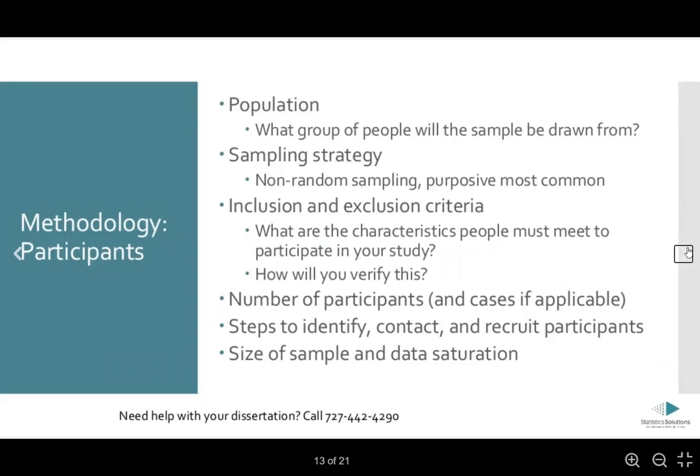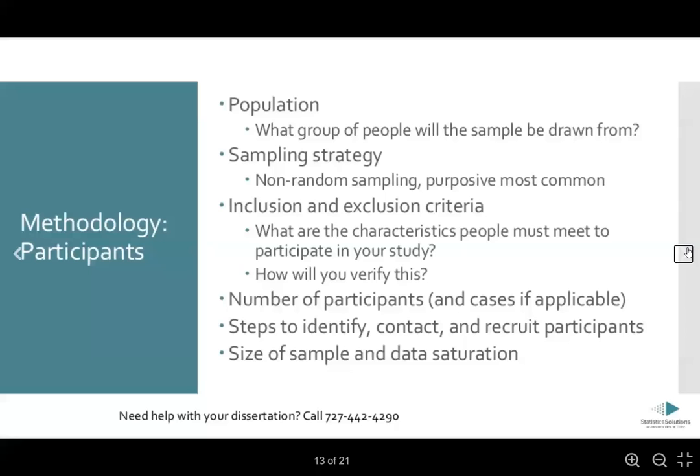Next, you'll want to talk about your sampling strategy. So since this is a qualitative study, you're probably not going to be using random sampling. You'll probably be using some kind of purposeful sample. And that's just because there's a good chance that you're looking for a particular participant. So again, whatever your research question is, probably not anybody can fit into it, right? There's probably some criteria.